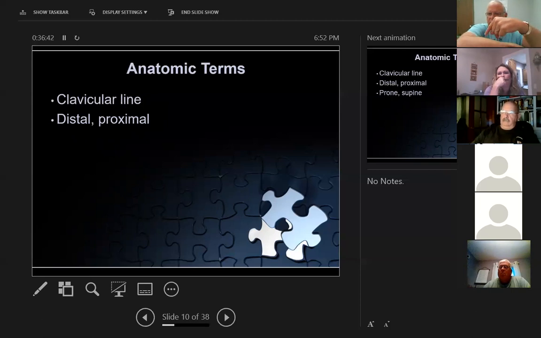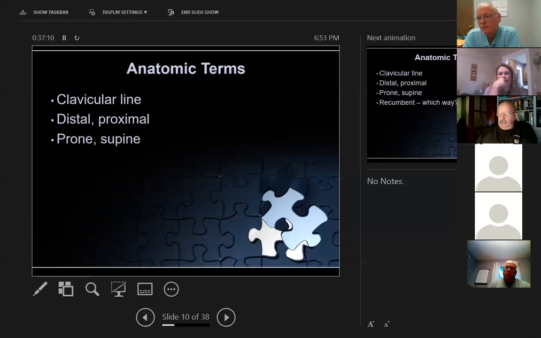If I want to describe something on my forearm here, it's the proximal forearm because it's closer in proximity to the midline. Does that make sense? In proximity to the midline, so it's proximal; distal, or distant, okay? When somebody fractures their forearm, it's usually their distal forearm. It's usually right above the wrist.